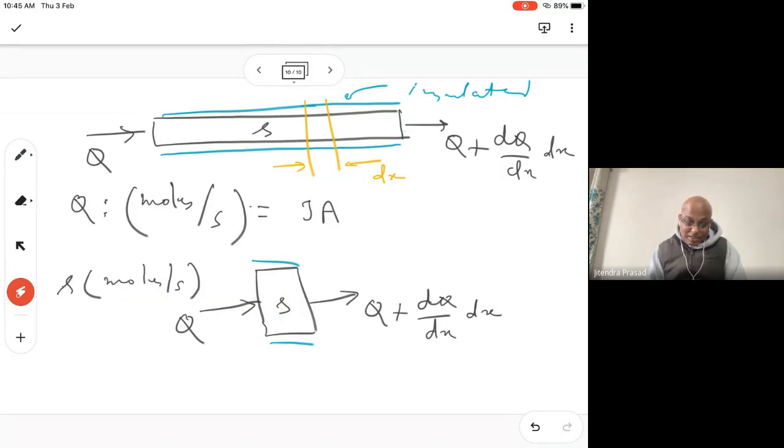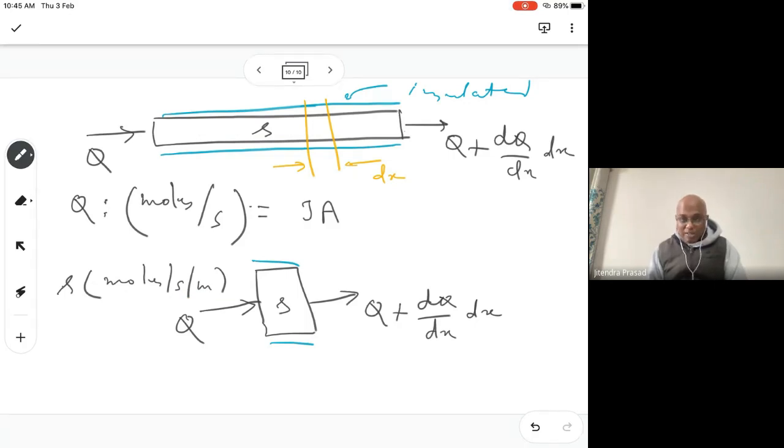In this case, per unit second, per unit meter as well, because in 3D it will be moles per second per unit volume. In 1D it will typically be per unit length, because this is a linear system.